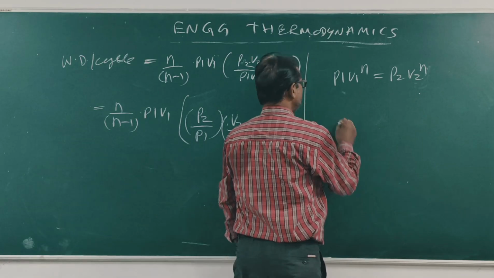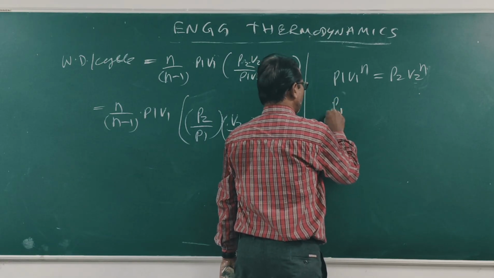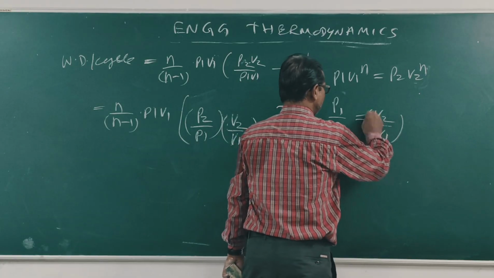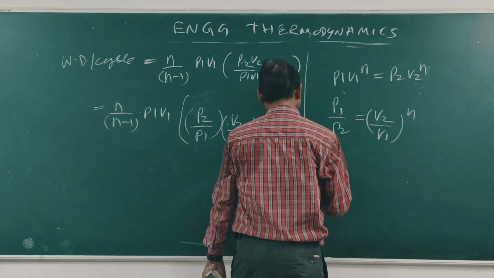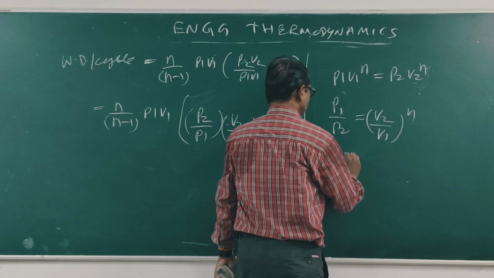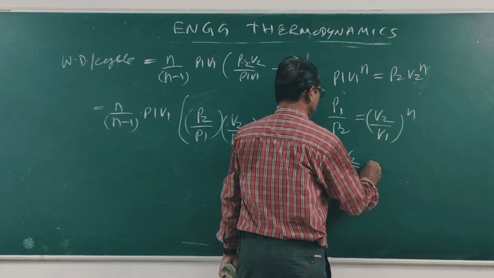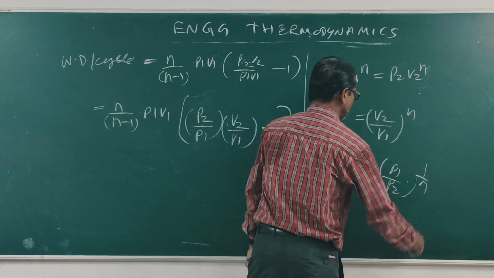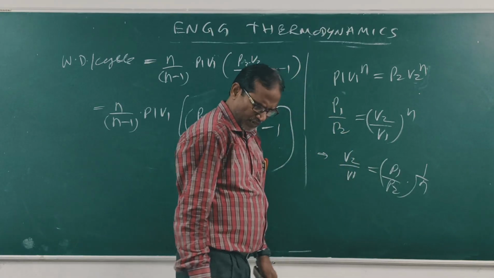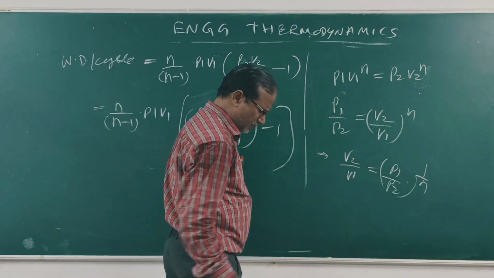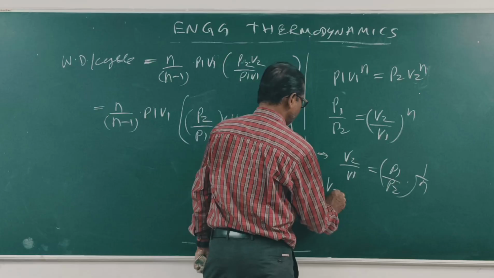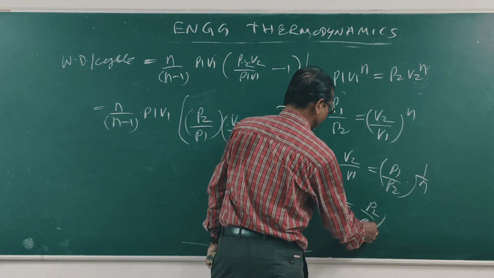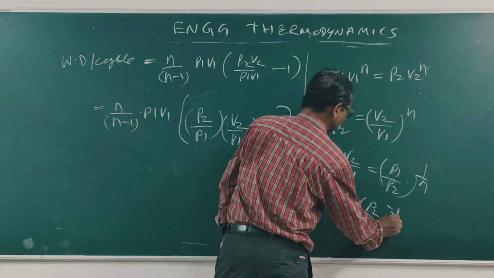The same place, P1 by P2 is equal to V2 by V1 to the power of n. The same place, V2 by V1 is equal to P1 by P2 to the power of 1 by n. Clear? The same place, V2 by V1 is equal to P2 by P1 to the power of minus 1 by n.